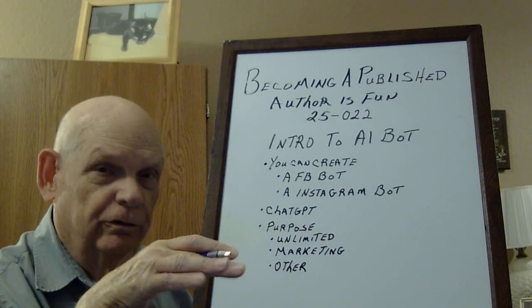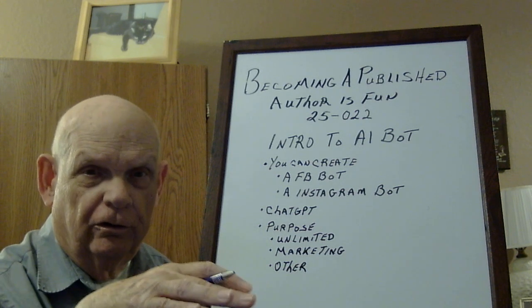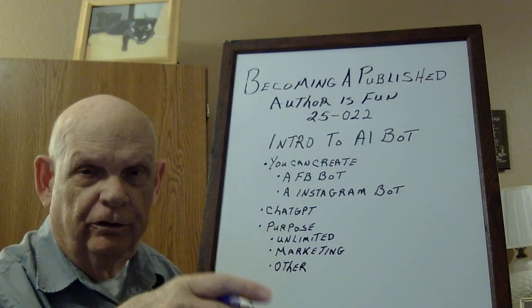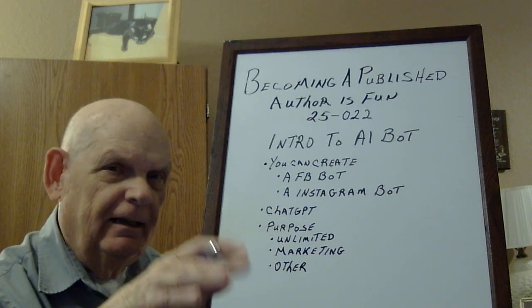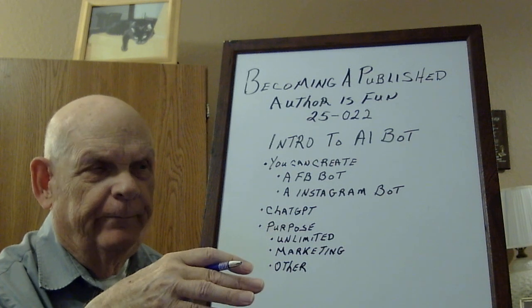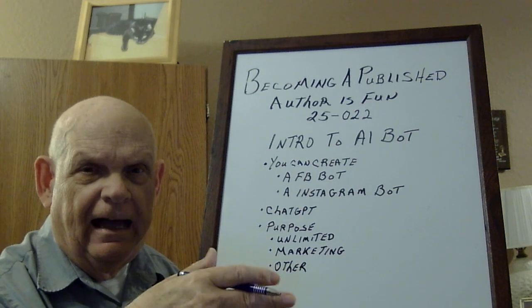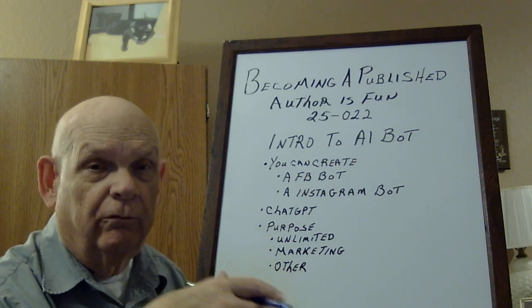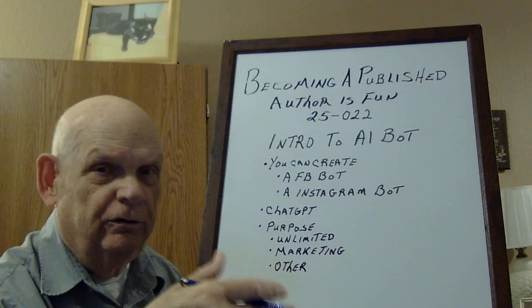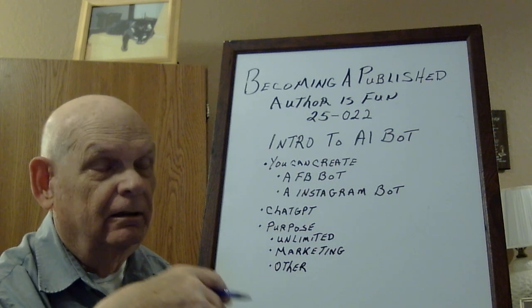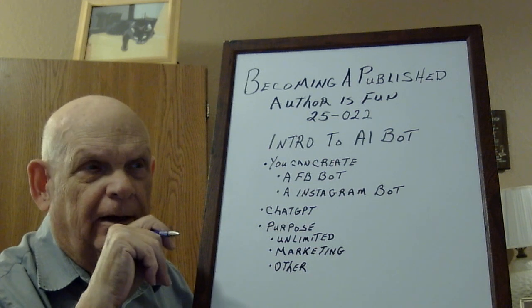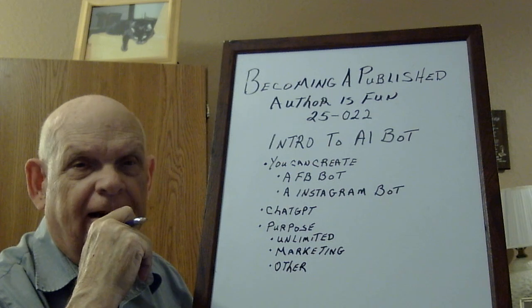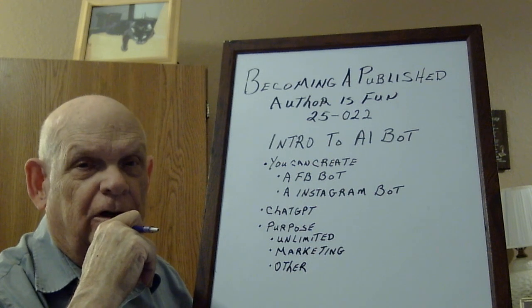Generally speaking, you can use it either for internal or external use. I'm going to be focusing on the internal. I do not use AI to write my books. Now, I can use AI to recommend things and so forth, even to maybe find research material.